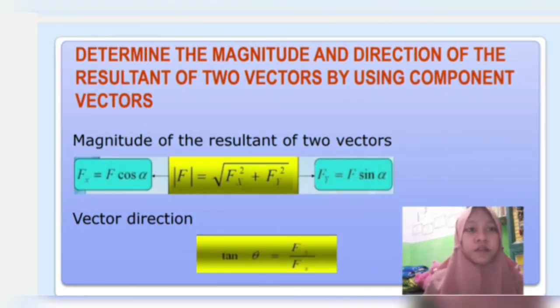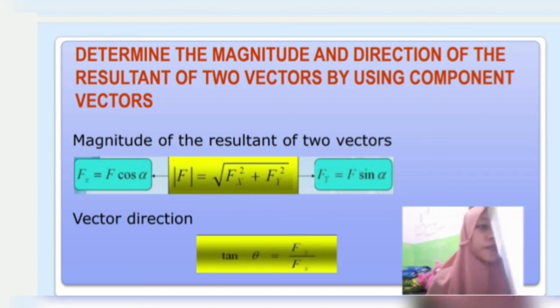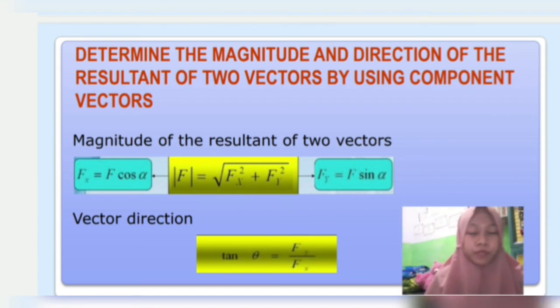The first, the vector F will be decomposed into F sub x and F sub y, which can be determined using the equations F sub x equals F cos theta, while F sub y equals F sin theta.